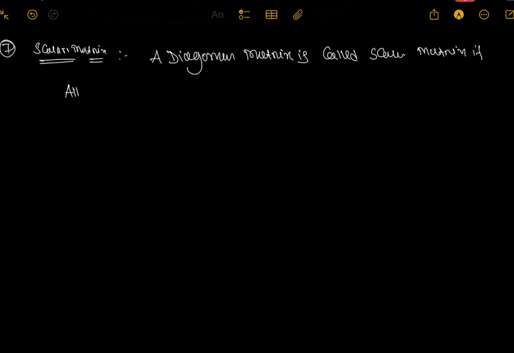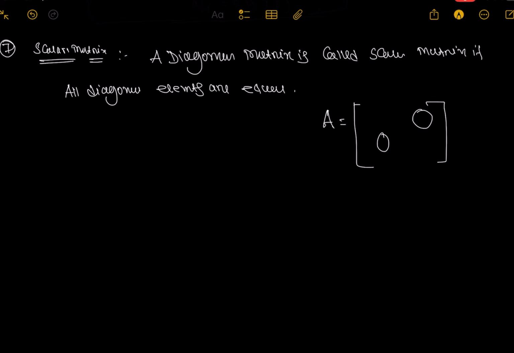Above diagonal and below diagonal are always 0 because this is a diagonal matrix. In the diagonal, the elements are the same, with the value belonging to the real numbers. This is also a diagonal matrix, but since all diagonal elements are the same, it is a scalar matrix.